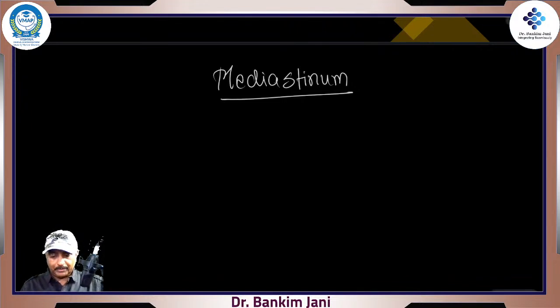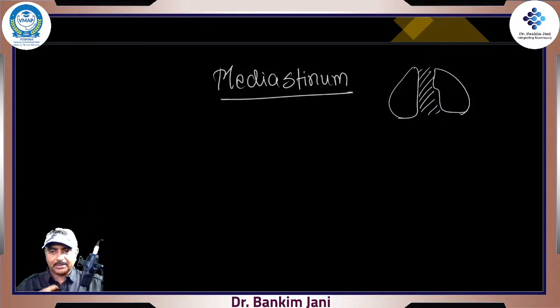So we know what mediastinum is. Mediastinum is nothing but what is present between two lungs, correct? That's the lung. This is the portion of mediastinum. At the manubriosternal junction, that is the angle of Louis, the part above we'll call the superior mediastinum, right? And the one below would be the inferior mediastinum.